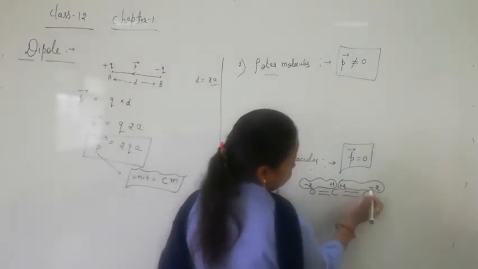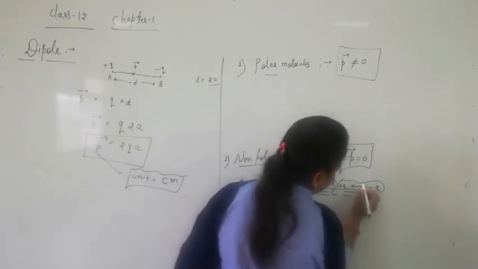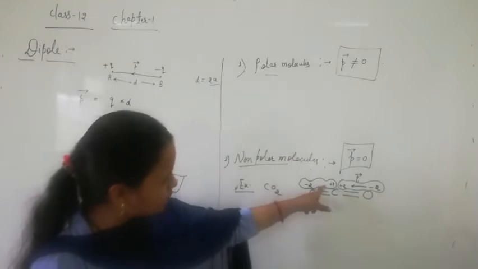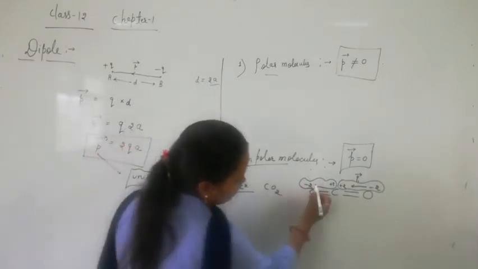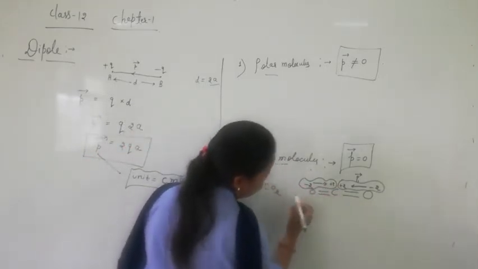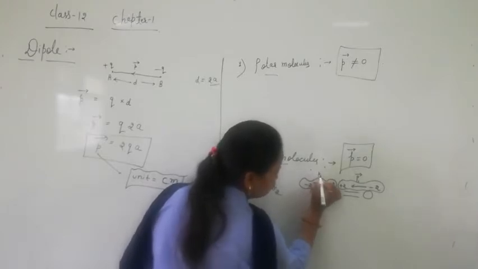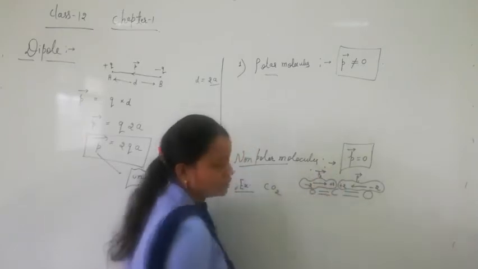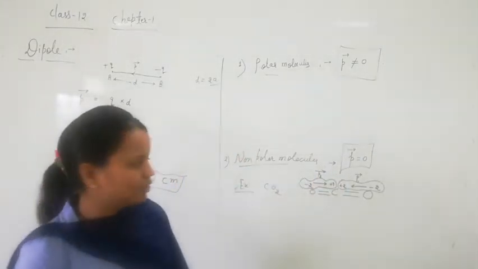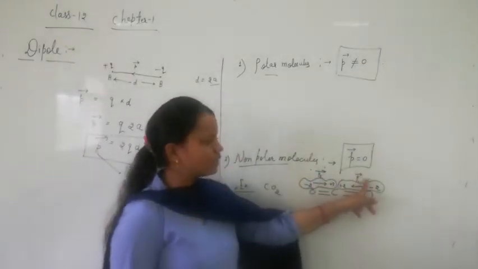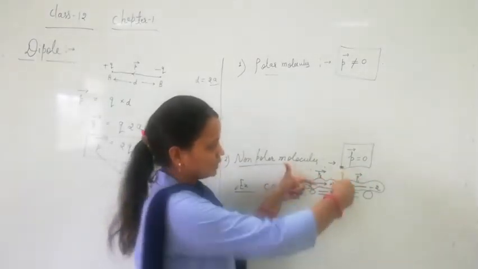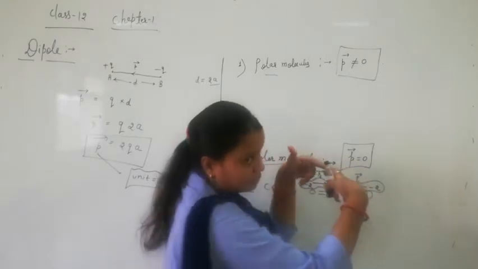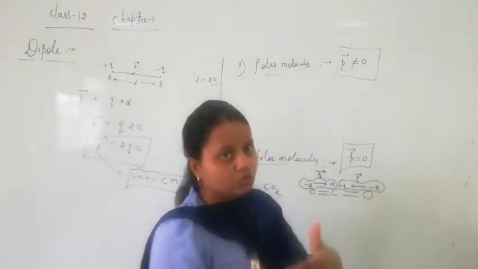negative to positive, so negative to positive having dipole moment P1 vector. And what about here? Negative to positive, again a dipole is here, having dipole moment P2, directed from negative to positive, so P2 vector. The two vectors P1 and P2 have opposite direction, and the magnitude of P1 and P2 is equal. Why?